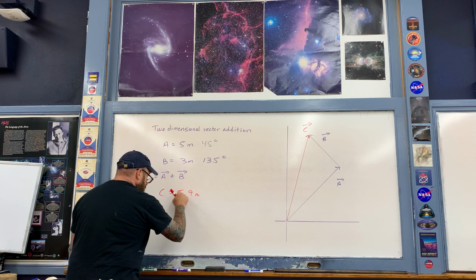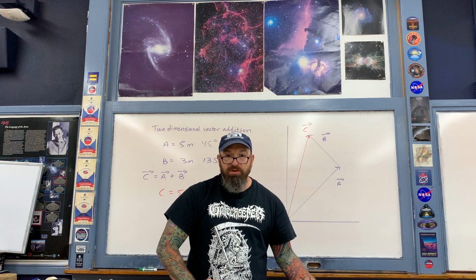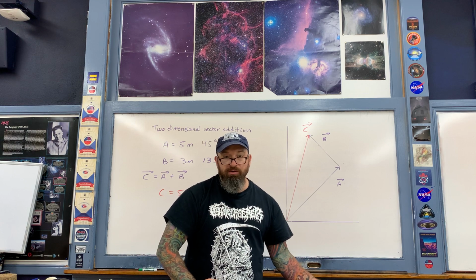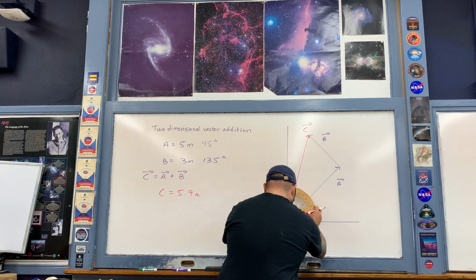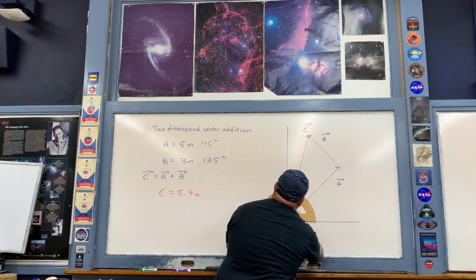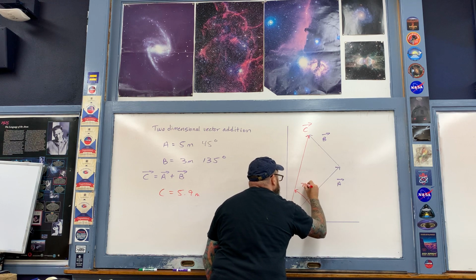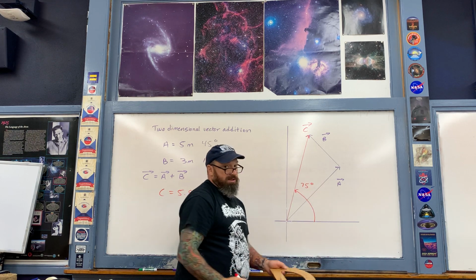And then, secondly, in order to obtain its direction, so far the only means that I have available to me of determining that direction is by measuring it with my protractor. So going back to the origin like so, and then lining up my protractor, measuring over that angle right there, I'll draw it like so. This angle right here is about 75 degrees.